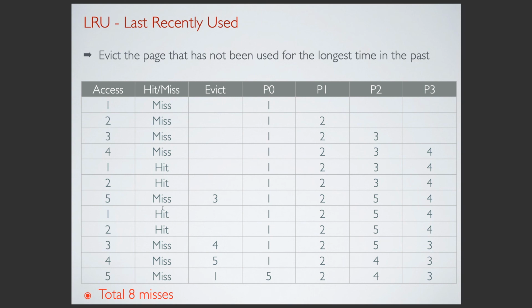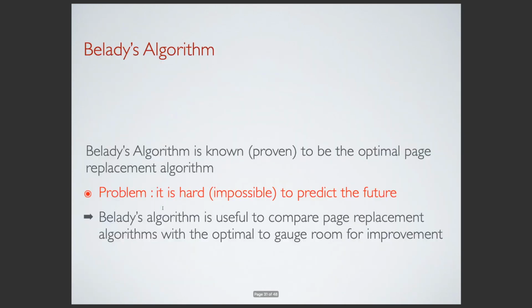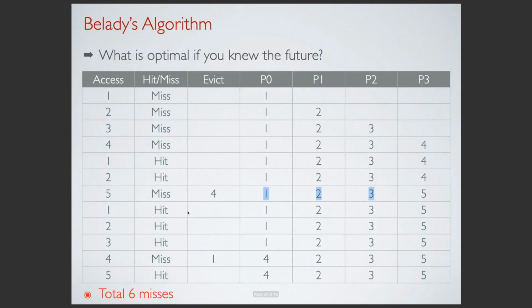As a result, the next 3 are going to be hits. Of course, when I ask for 4, it's going to be a miss. I look into the future, and the future tells me I only need 5. I could have evicted 2 or 3, it doesn't matter, but I need 5, so I'm going to keep 5 and evict 1. Here, I'm going to put 4.